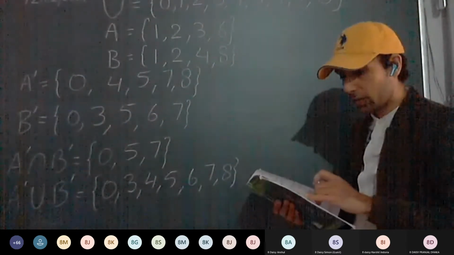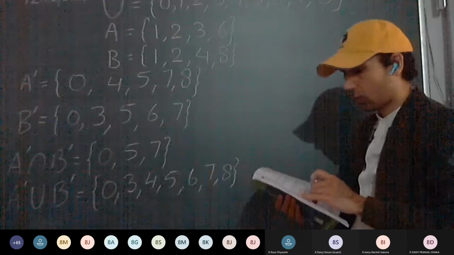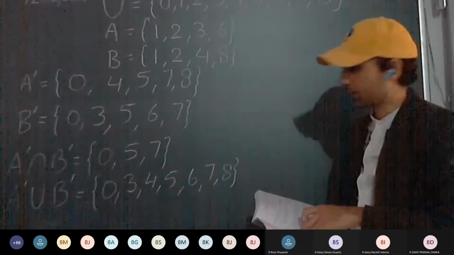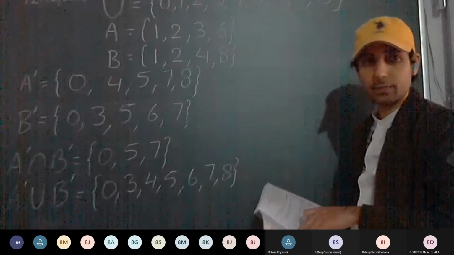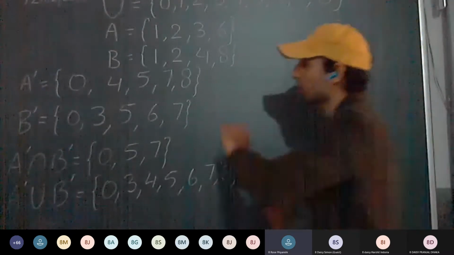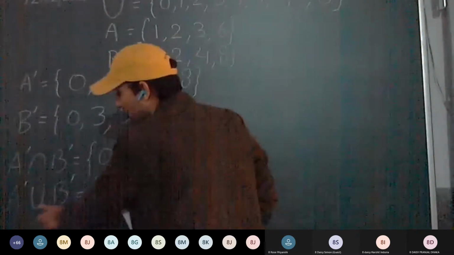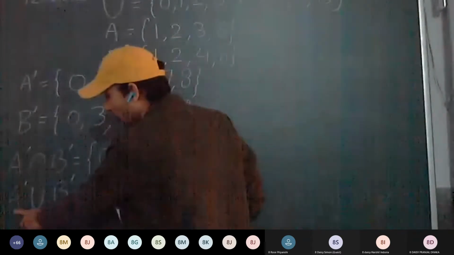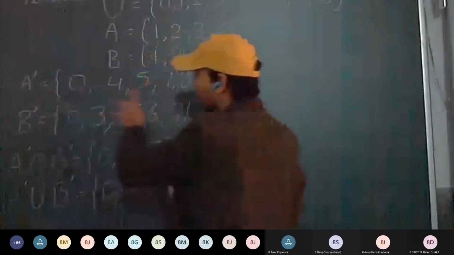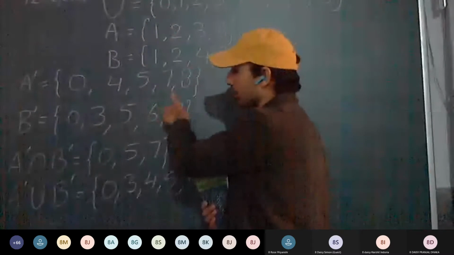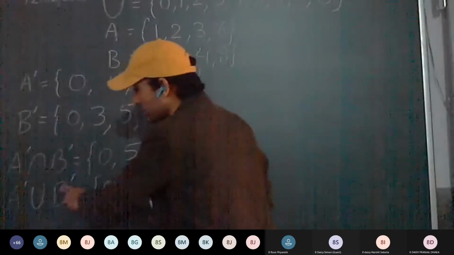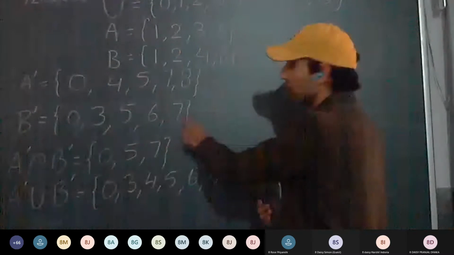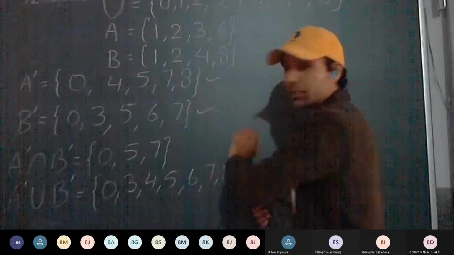Now, sir, explain fourth. A dash union B dash. See here what we are doing. How we can find A dash union B dash? First you have to find the complement of A, we calculated complement of A. B dash, we have to find complement of B first. We got both A dash and B dash.